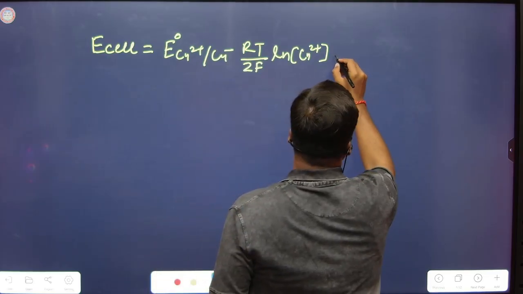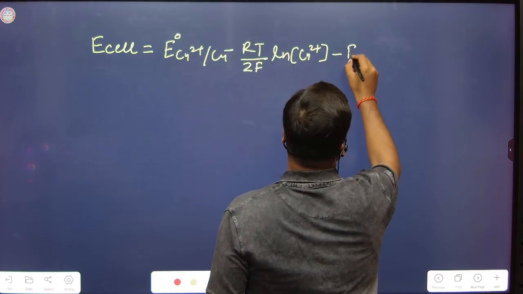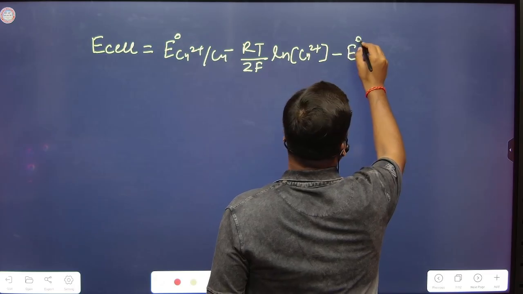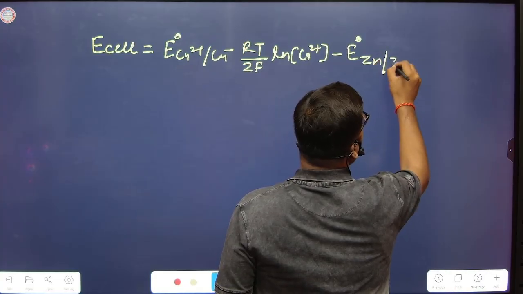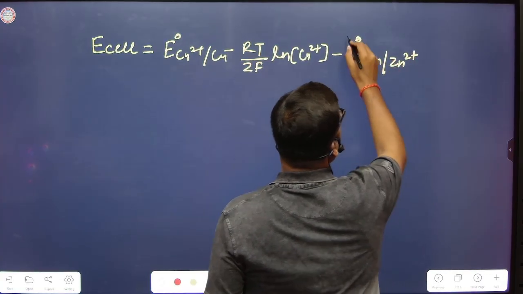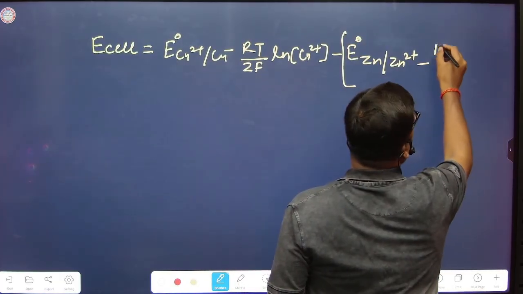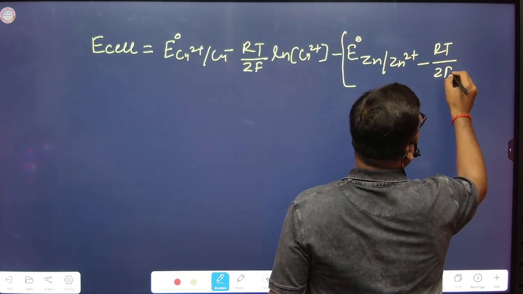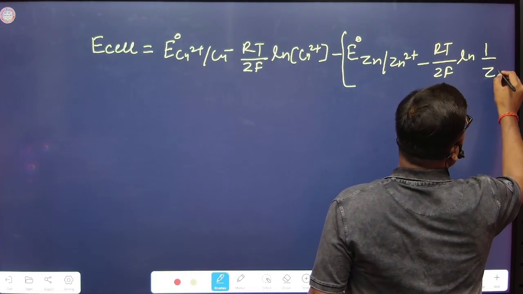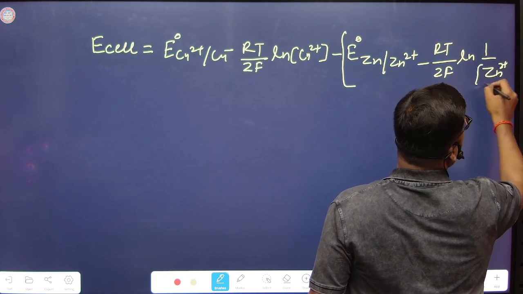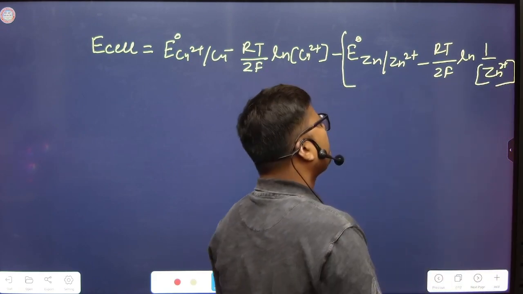Minus E naught Zn2+ minus RT upon 2F ln 1 by Zn2+, right?